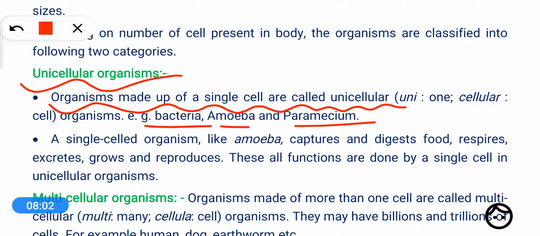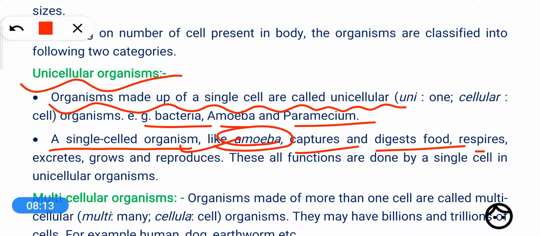Okay, a single-celled organism like amoeba captures and digests food, respires, excretes, grows, reproduces. These all functions are done by a single cell in a unicellular organism. So dear students, if an organism has just a single cell, that doesn't mean that it will not be able to perform its functions.